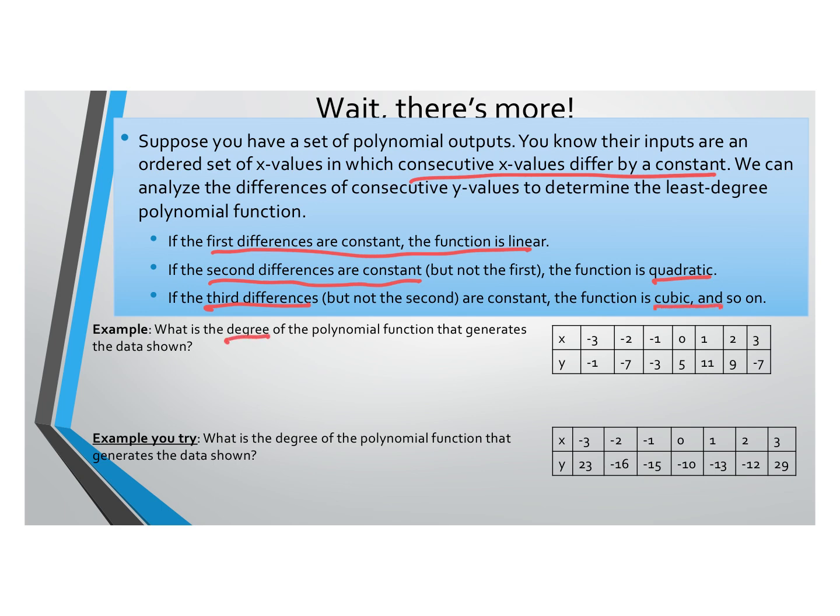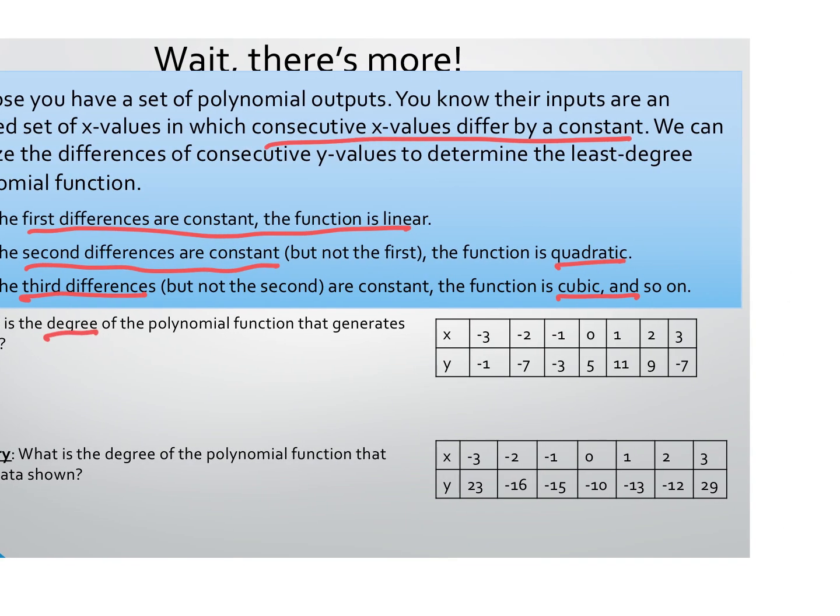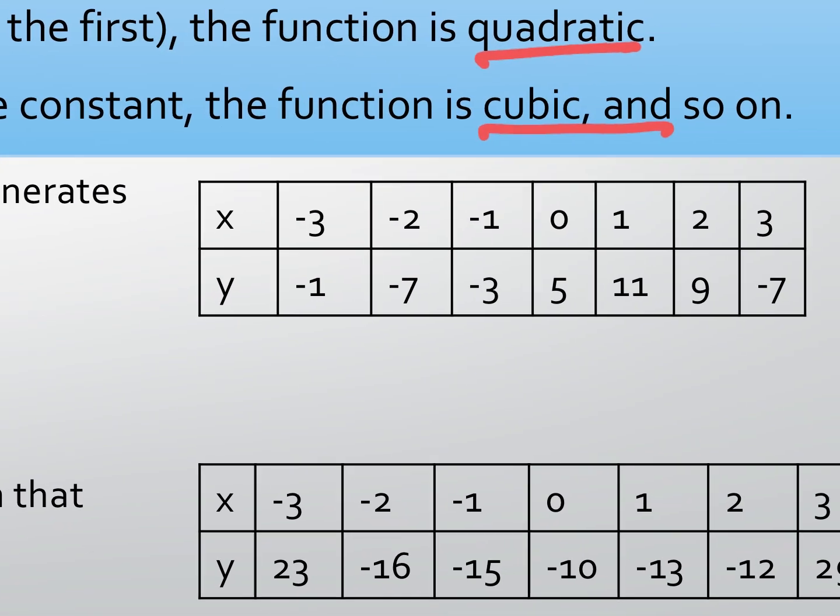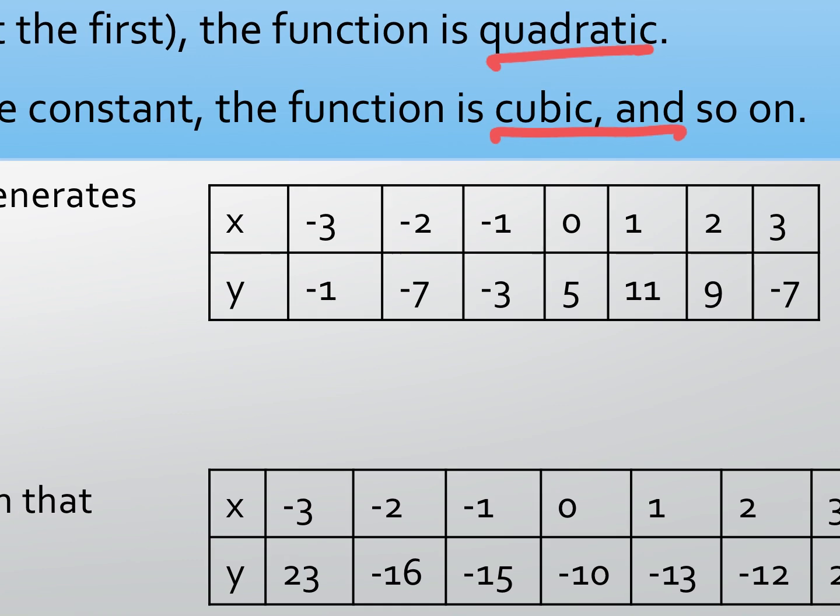So if I want to know the degree of the polynomial that generates the data shown, we're just going to subtract subsequent y values. Now, you can go either direction, from left to right or right to left, it does not matter. Think of it as -1 minus -7, okay? That would be 6.